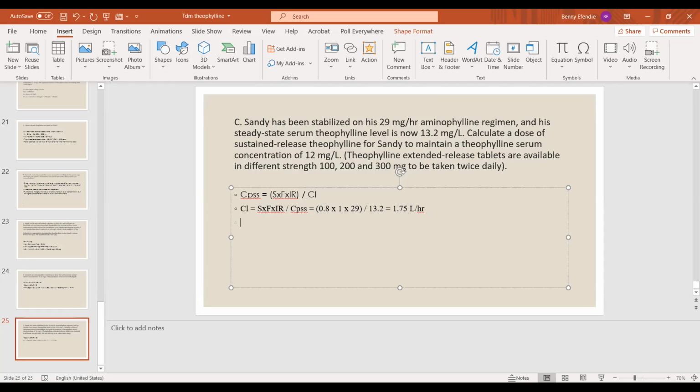So now we want a new dose. The new CPSS equal to S times F times new dose, because now we are using the oral, so no more IR because it's oral. So equal to clearance times tau.